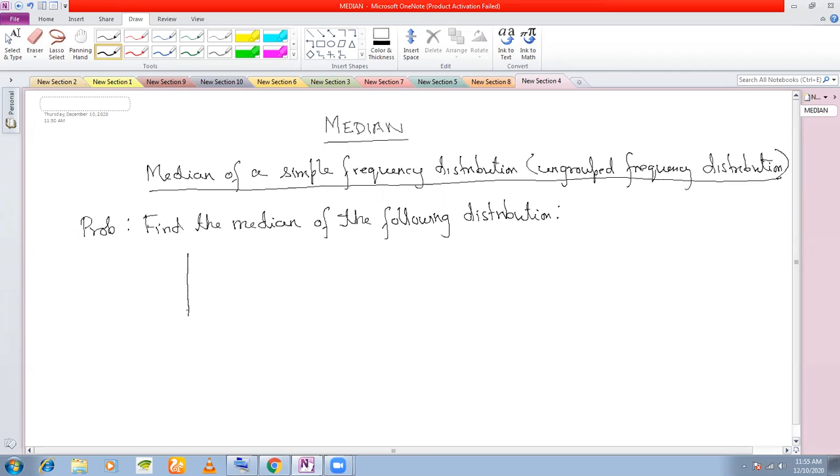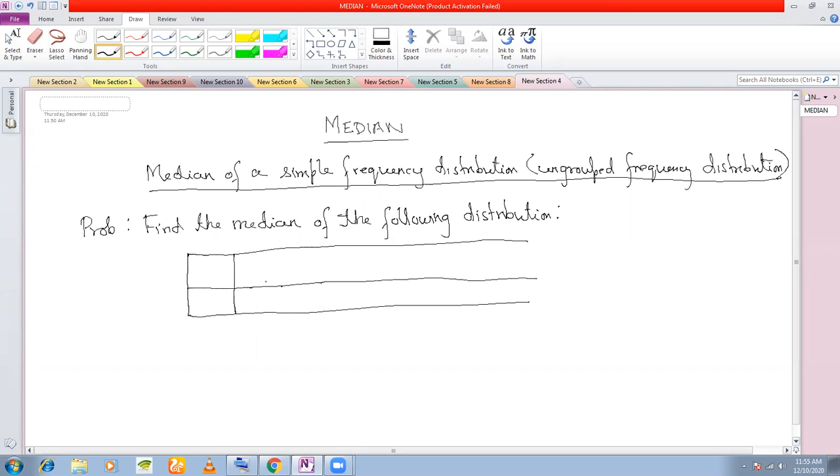So the distribution given here is an ungrouped frequency distribution. You have an x and you have an f.